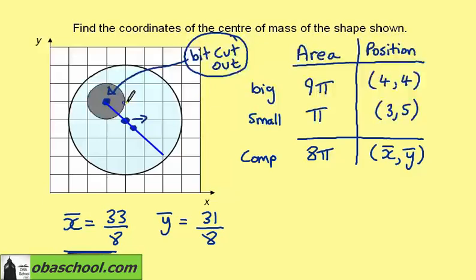So we'd expect the centre of mass to move to the right, towards where there is more mass. The same will also be true in a downward direction, since the bit cut out has come from the top half of the large circle.